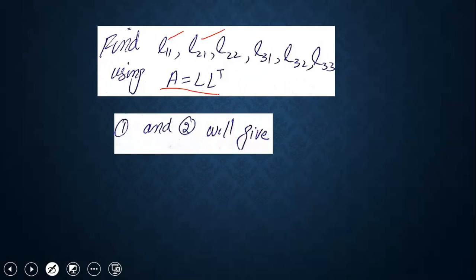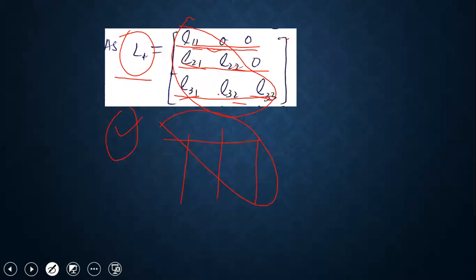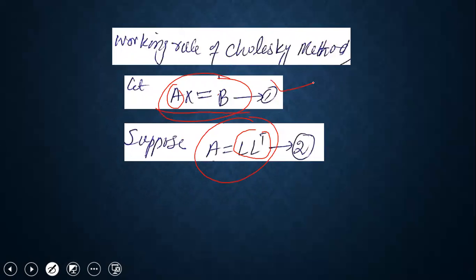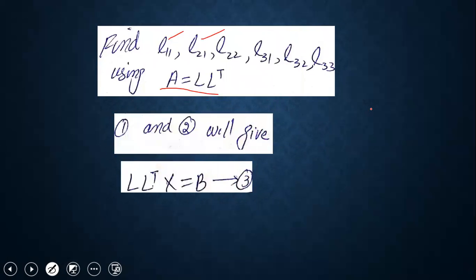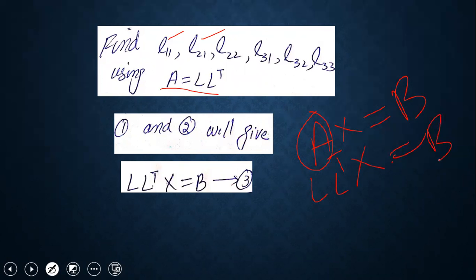Okay, equations 1 and 2 will give you L L transpose X is equal to B. You know that AX was equal to B, and you replace this A by L L transpose, so L L transpose X is equal to B. Got it?